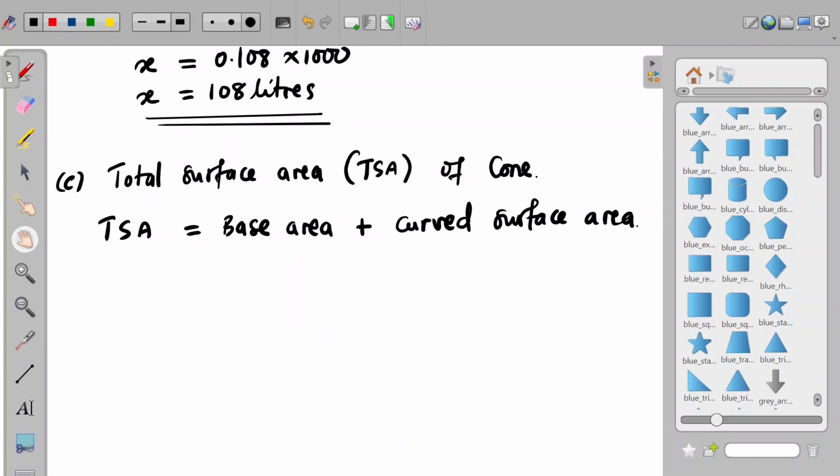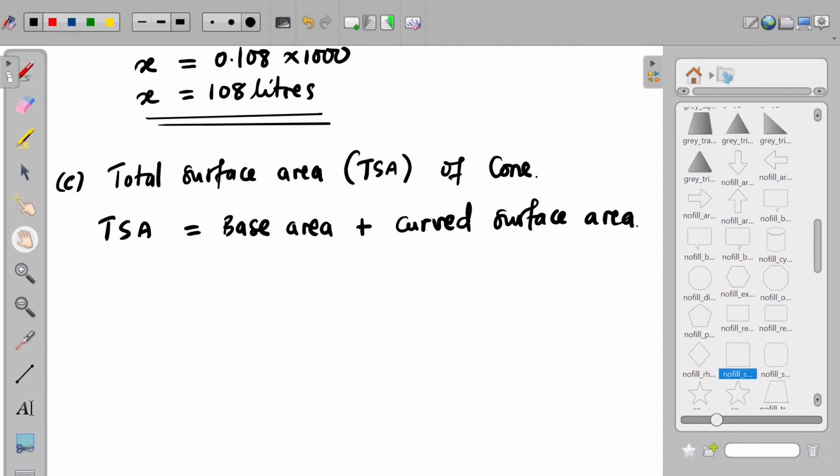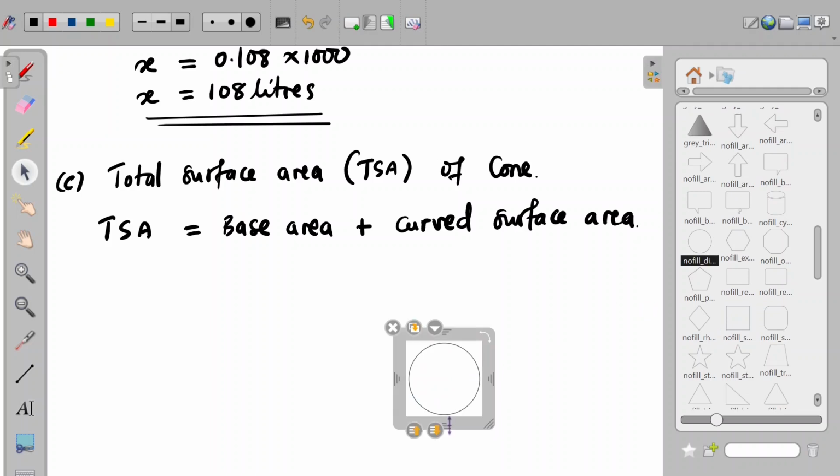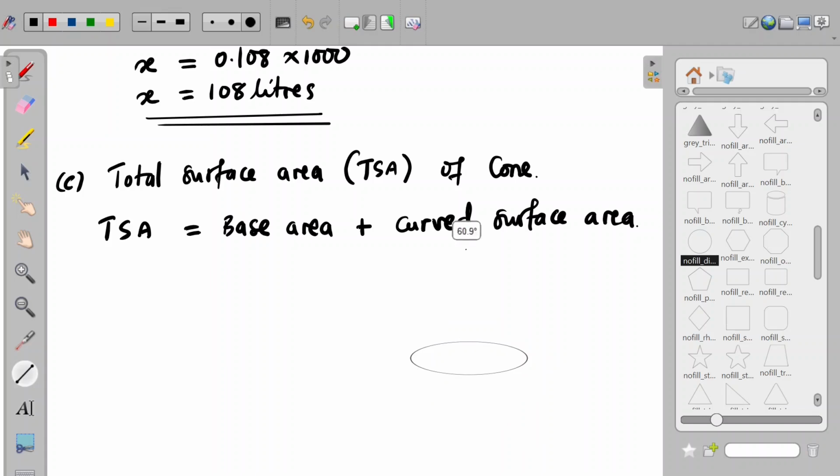Now we are going to draw the cone so that you understand what a cone is. So a cone is like this. So this is the cone.